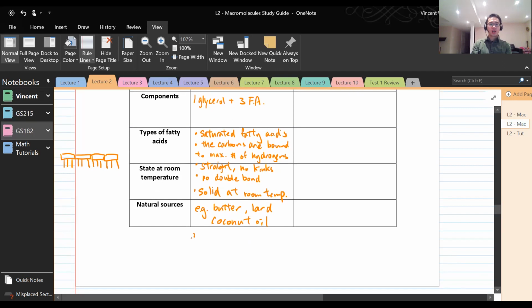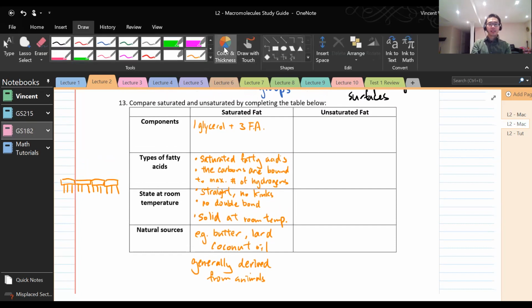Okay, so these are generally derived from animals. Not always. Like coconut oil is obviously not derived from animals, so it's an exception. But generally, they are derived from animals.